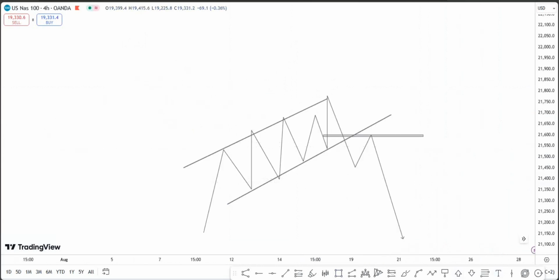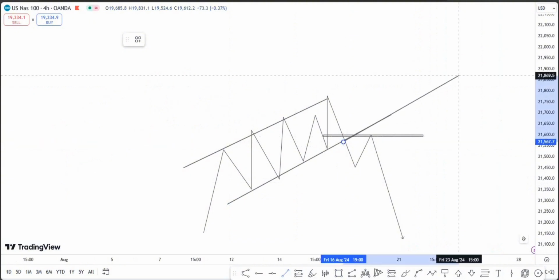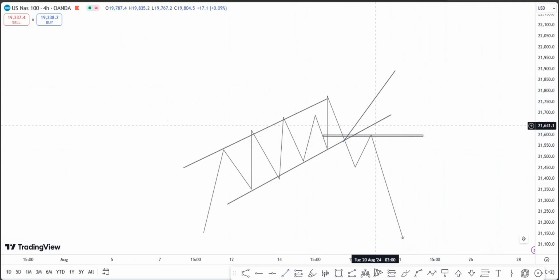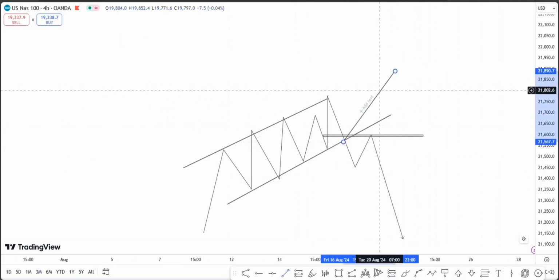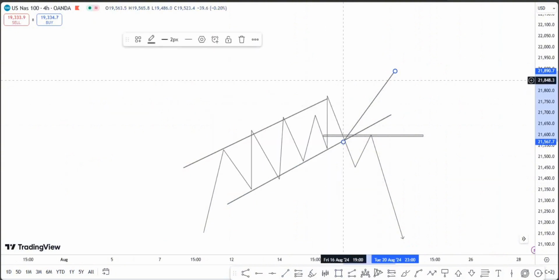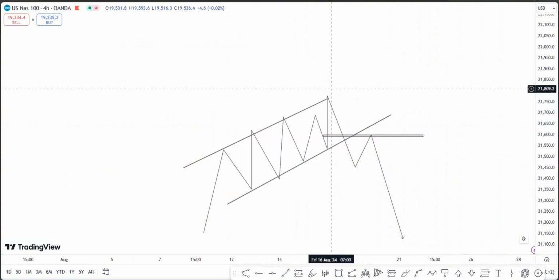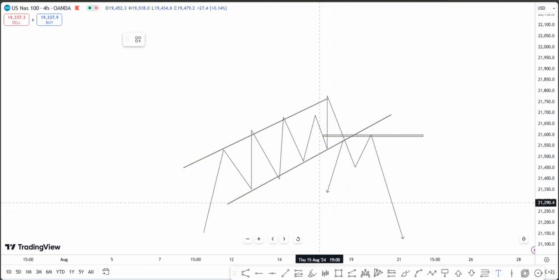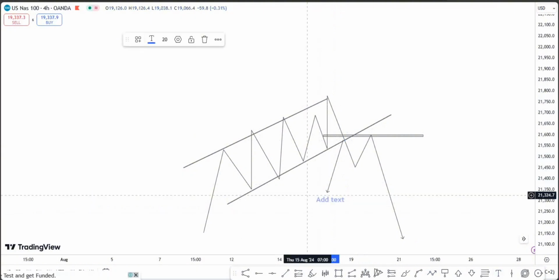As you can see here, this is a breakout. Let me just use this thing, because I feel like if I use the other one, you guys will get confused. Let me just point it to here. There's a breakout here.